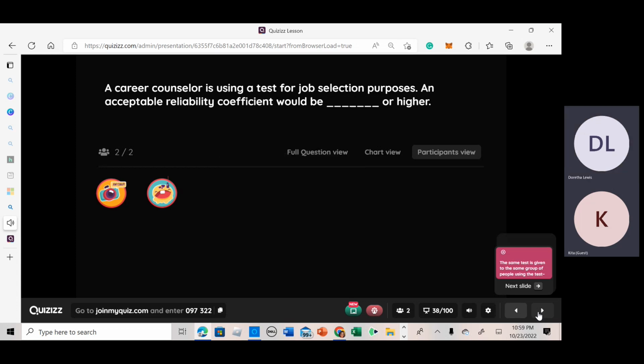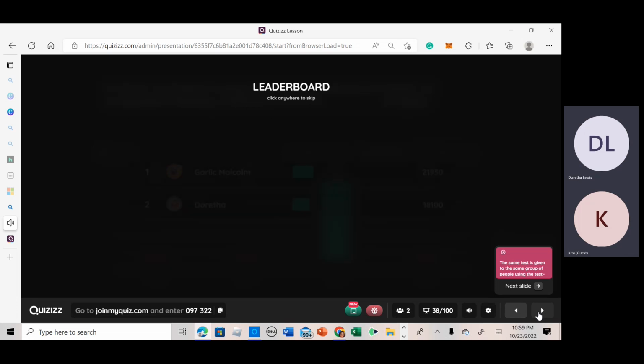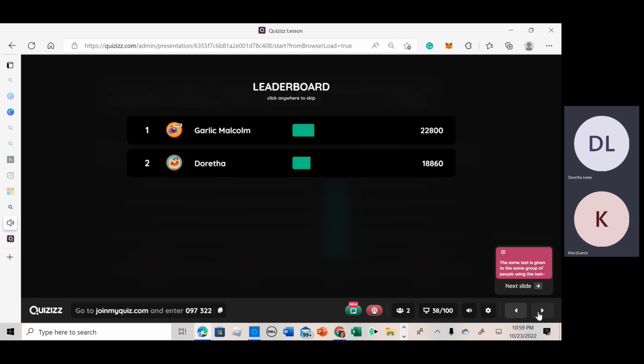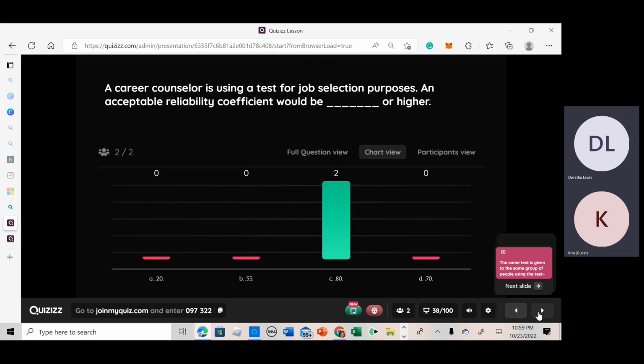A career counselor is using a test for a job selection process. An acceptable reliability coefficient would be 0.80 or higher. I actually was gonna pick 0.70, but my mouse hit that one by accident, 'cause I really didn't understand it.